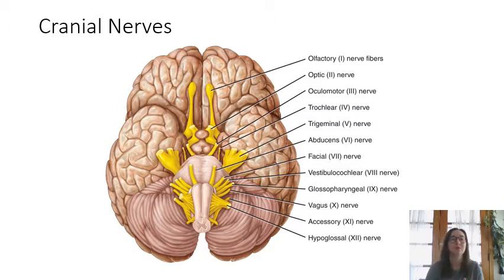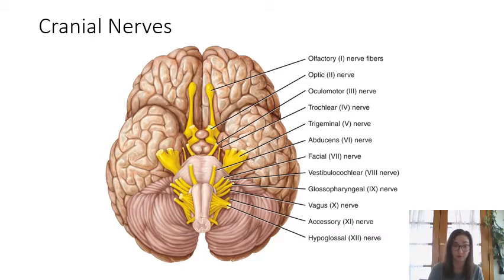Okay, moving on to cranial nerves. So we talked about your 31 pairs of spinal nerves and all of the plexuses that branch off of those spinal nerves. Now we're going to talk about the 12 pairs of nerves that branch off of the inferior aspect of your brain. So here's an inferior view of the brain, and here listed are the 12 cranial nerves that branch off of the inferior view of the brain.